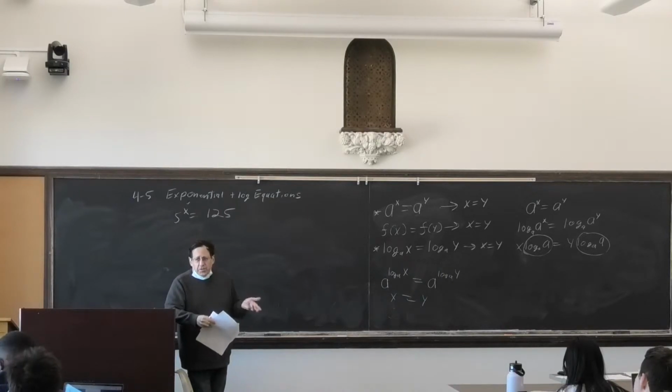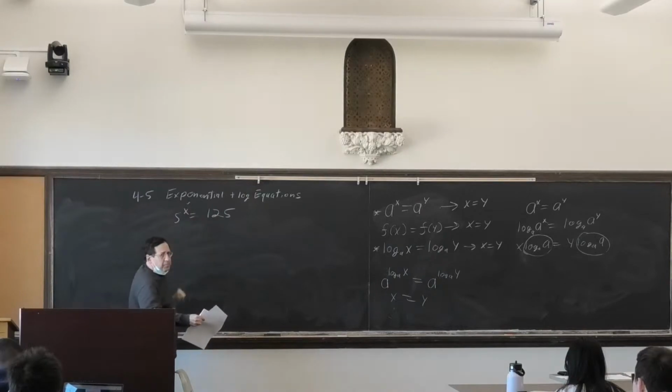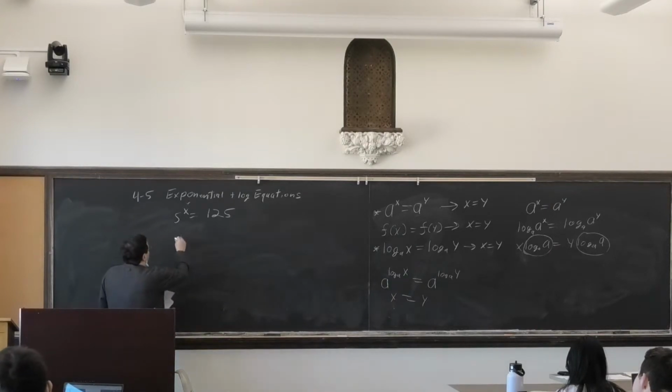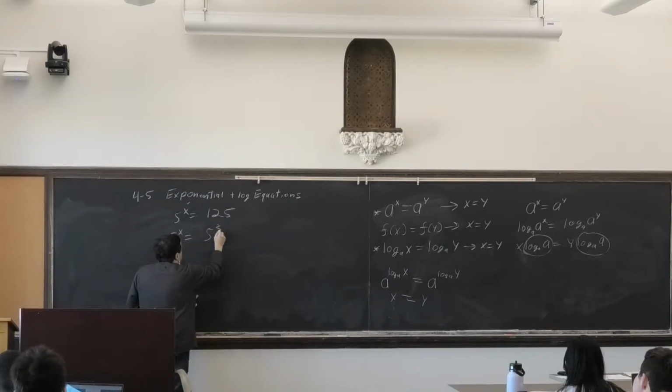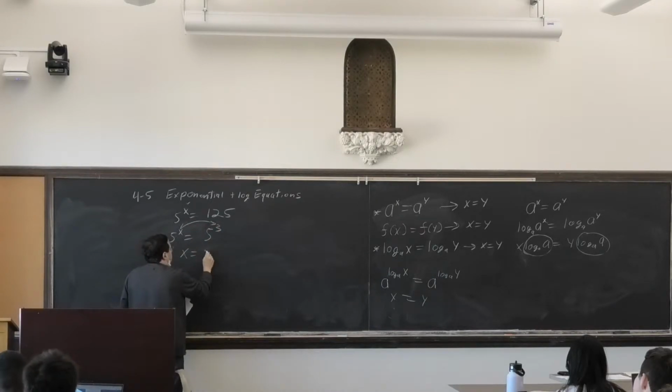You don't need to take this class to have figured out that this is 5 times 5 times 5, so x is going to be 3. But a more methodological way would be to say, let's write that as 5 to the 3, and I can immediately see that it concludes x equals 3.